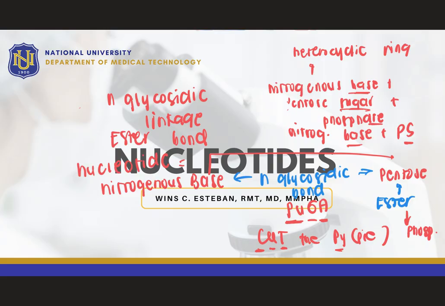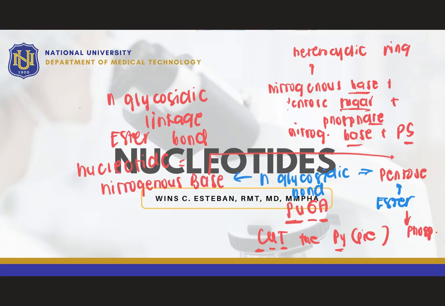So, other functions of your nucleotides, pwede siyang maging carriers of activated intermediates in the synthesis of your carbohydrates, lipids, and also your proteins. Pwede rin siyang maging structural component of your coenzymes, and also pwede siyang maging synthetic analogs for your drugs.